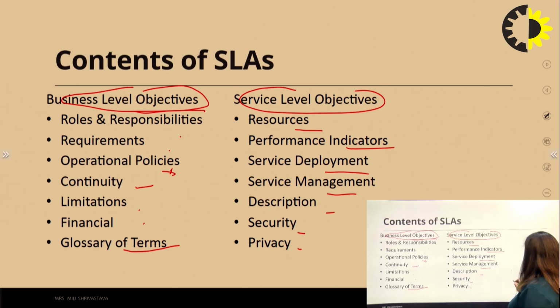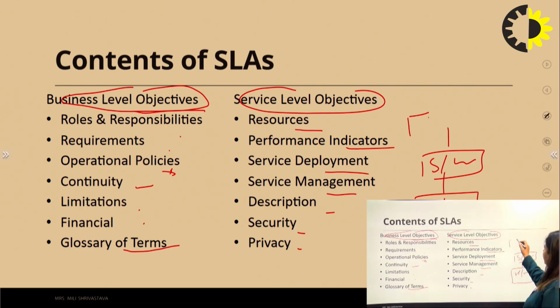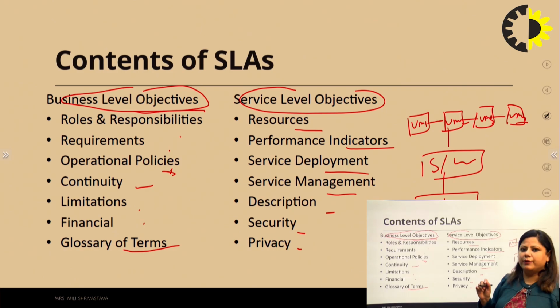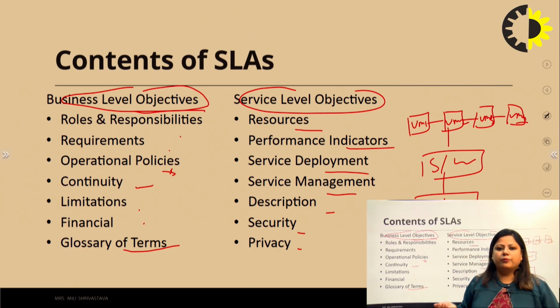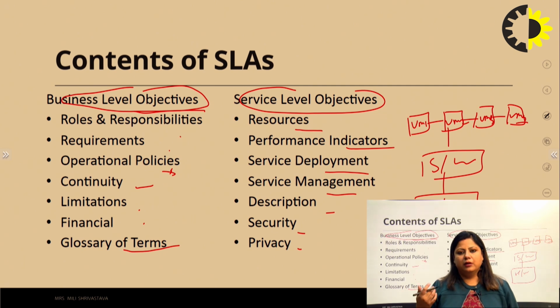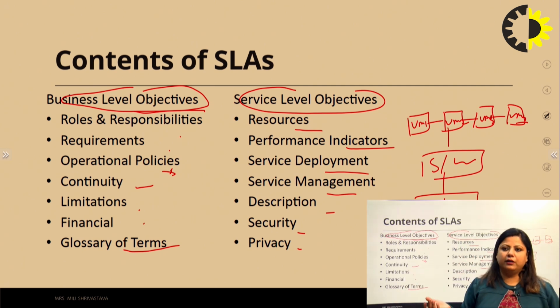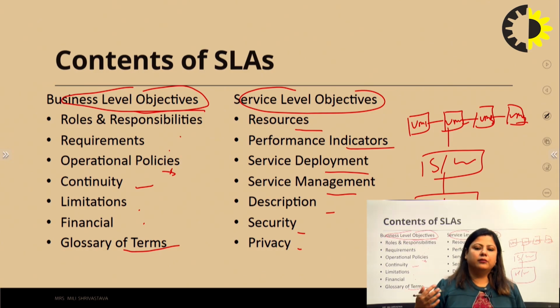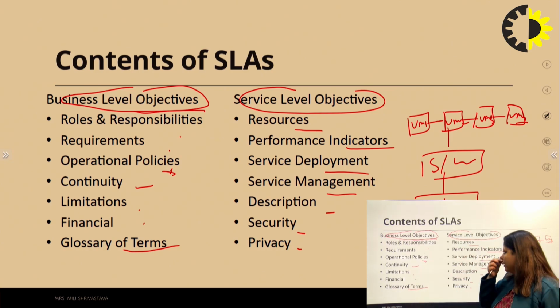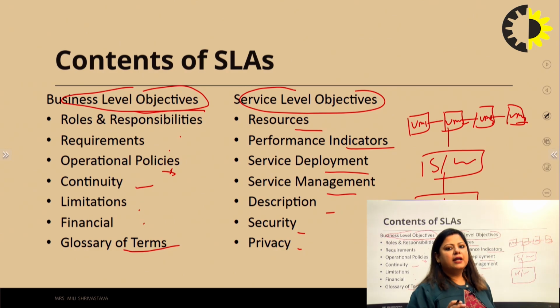Suppose this is our hardware, and with the help of this software, we can convert that hardware into different VMs, that is VM1, VM2, VM3 and VM4, and they are all independent of each other. Like they have different operating systems, different software, different APIs that the particular consumer wants or requires. So these are some basic contents of SLA which are required in cloud computing and NIST architecture.